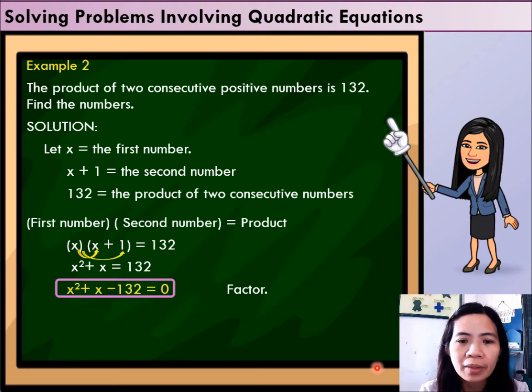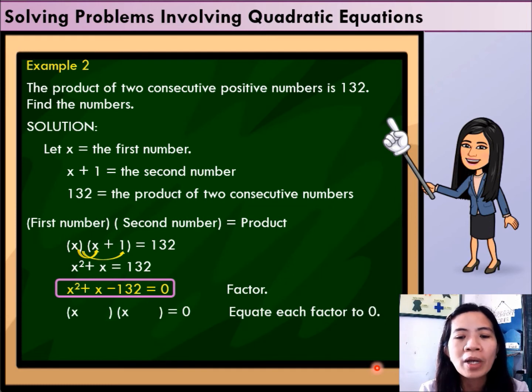Now, from this quadratic equation, we are going to find the factors and solve for the unknown value. What are the factors of negative 132 whose sum is positive 1x?